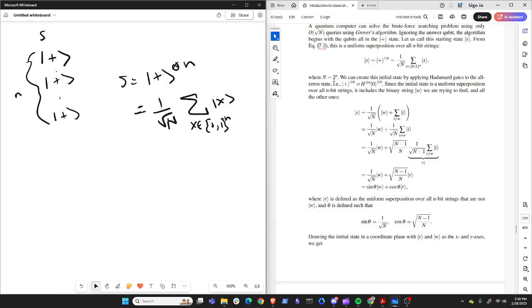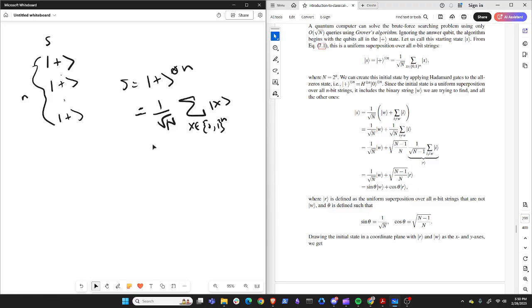So all of our input bits start off as zeros, and they get Hadamarded into these pluses. The initial state is a uniform superposition over all n-bit strings, right?